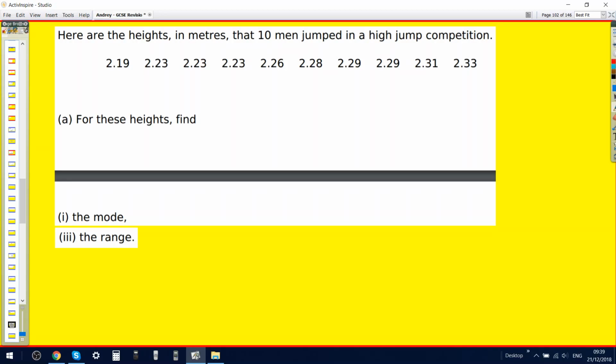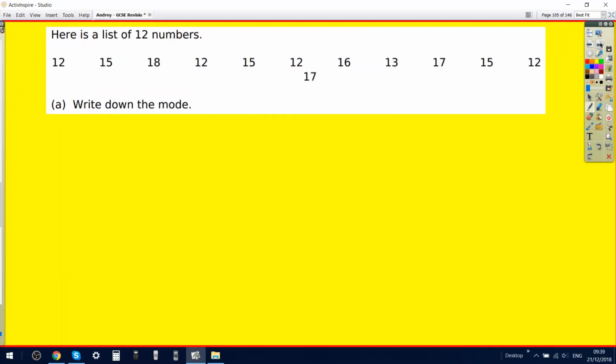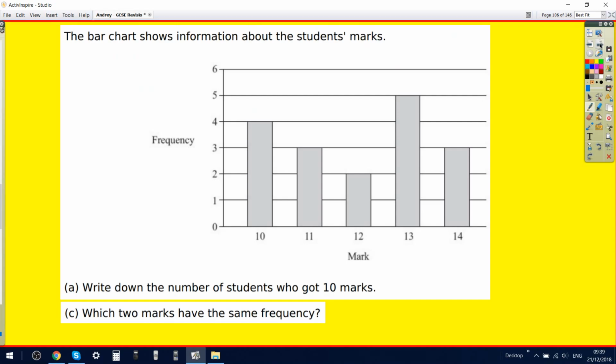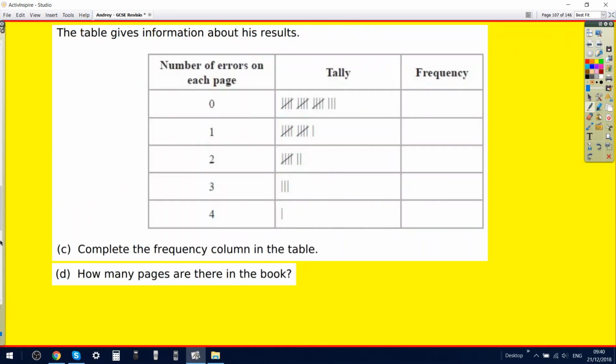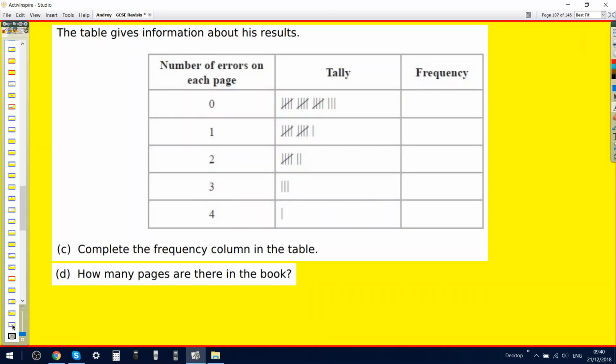Is the range 0.14? Yep. Let me just... This one.